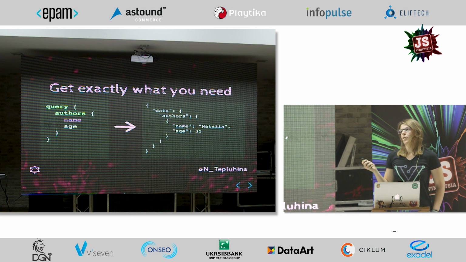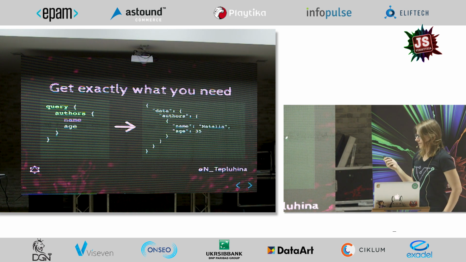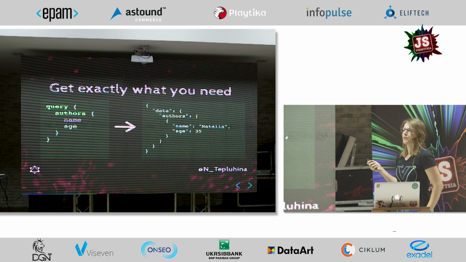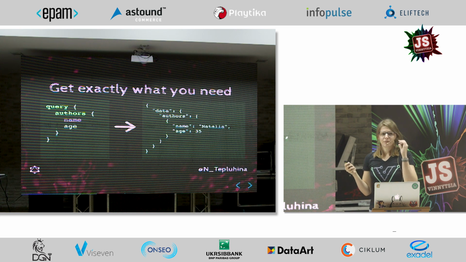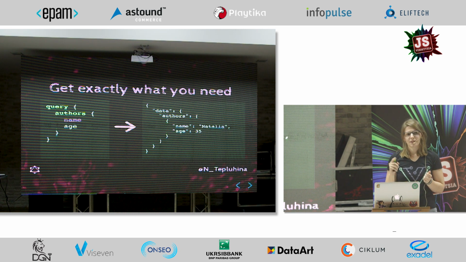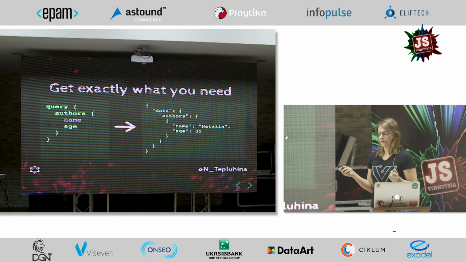Let's take a look at a more real-life example. As I'm working for GitLab, it will be about repositories. Imagine we want to fetch all the repositories for a certain user. And we want to know what languages were used in the repository and how many forks it has.